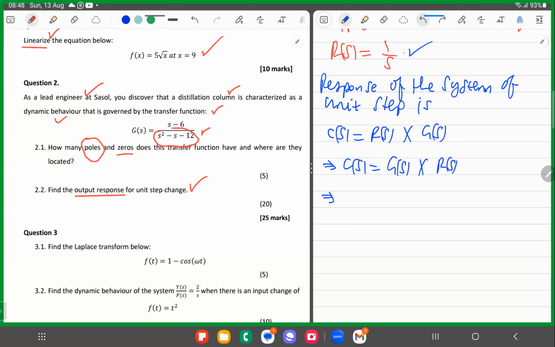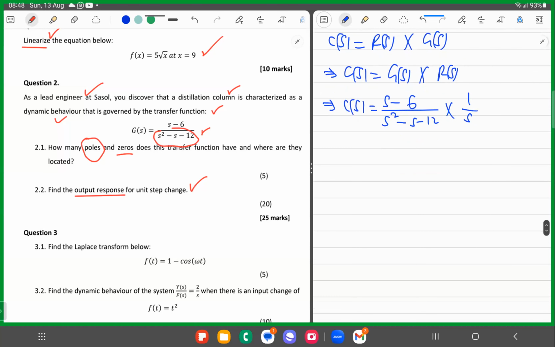C of s. What is G of s? Okay, so obviously we already have the transfer function. So I'm just going to copy that in. G of s is exactly s minus 6 all divided by s squared minus s minus 12 multiplied by the 1 over s.